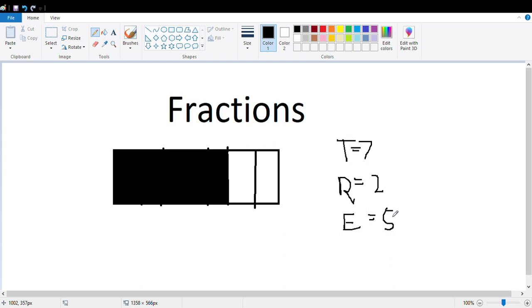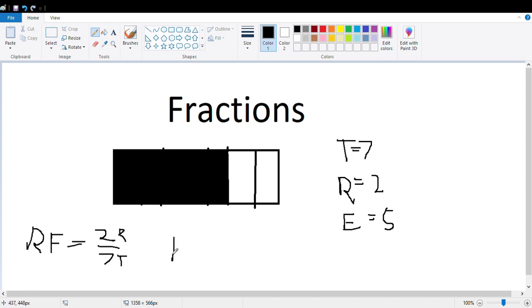So the remaining fraction must be 2 out of 7, right? 2 by 7.